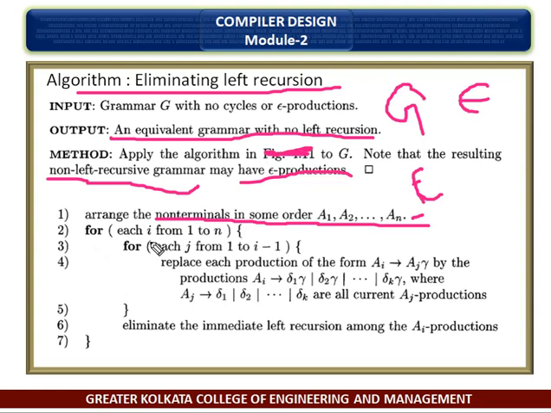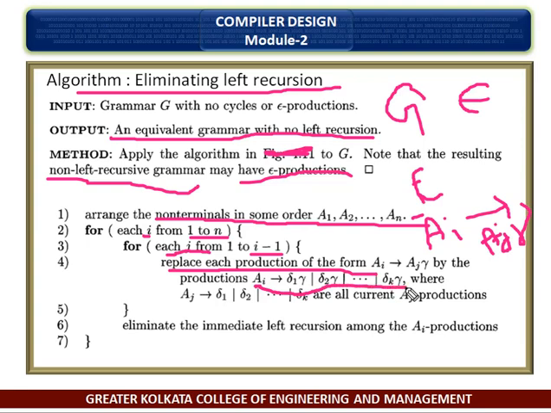Now for each i from 1 to n, and for each j from 1 to i minus 1, replace each production of the form Ai to Aj gamma by the productions Ai to delta1 gamma | delta2 gamma | ... | deltak gamma, where Aj to delta1 | ... | deltak are the current Aj productions.